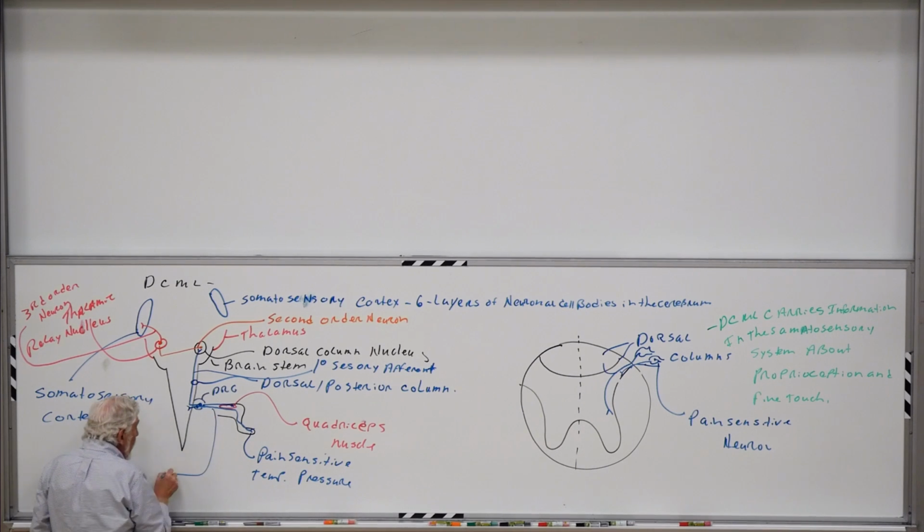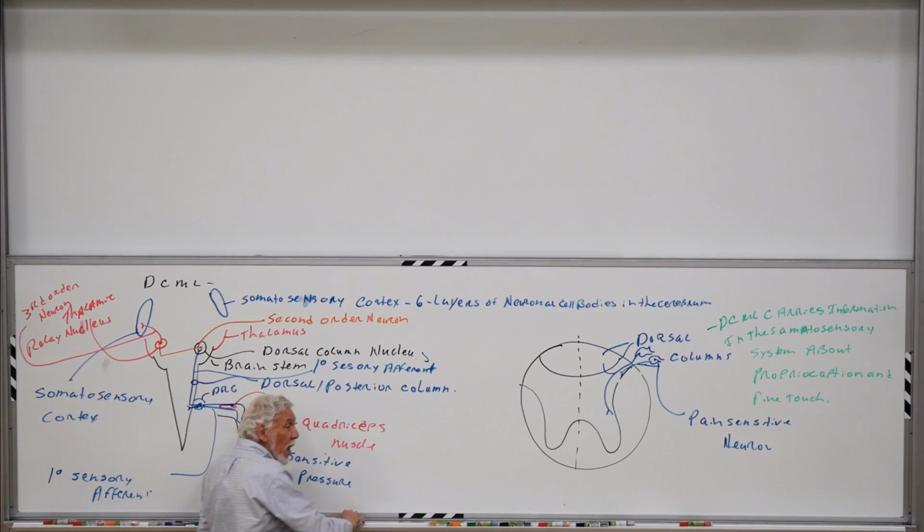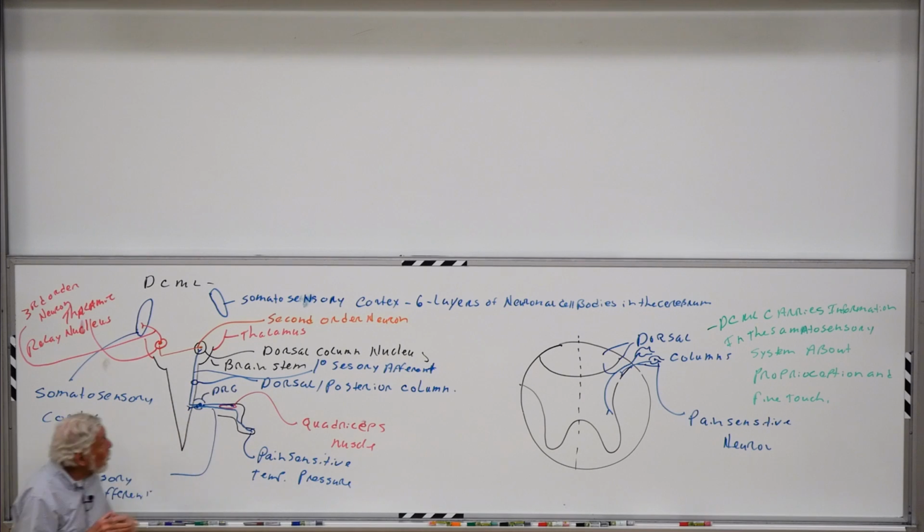Well, you'll recognize the way we've drawn this is meant to be the primary sensory afferent. The primary sensory afferent, you'll know from the generalization, is intended to synapse onto the second order neuron.